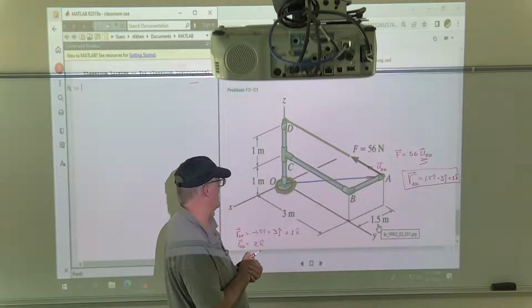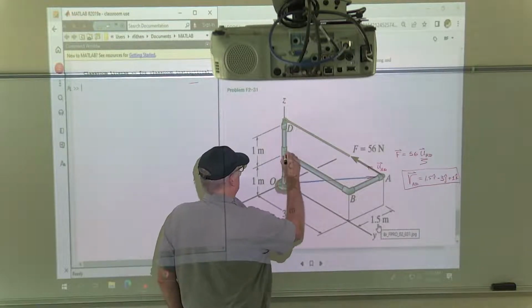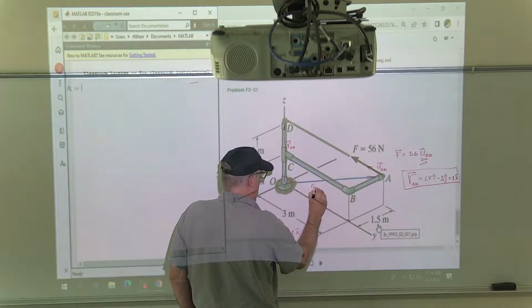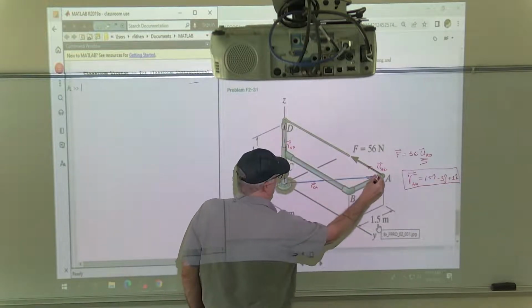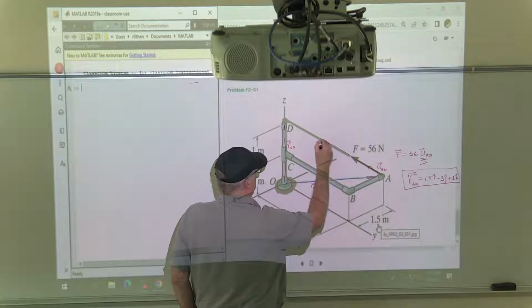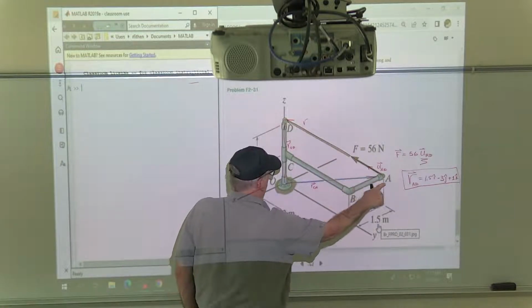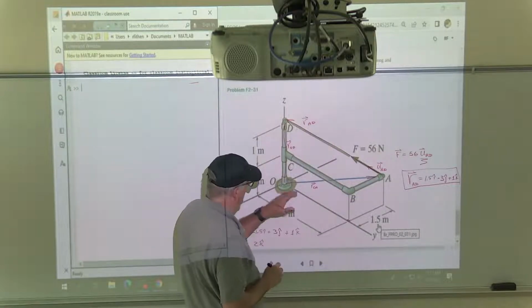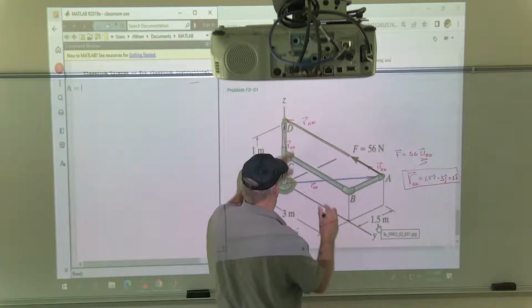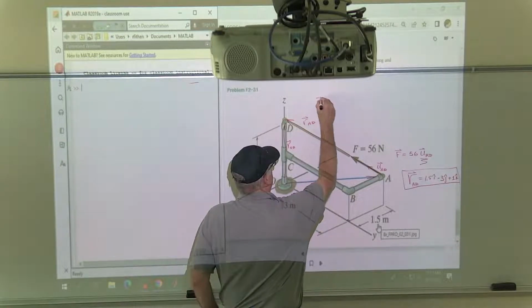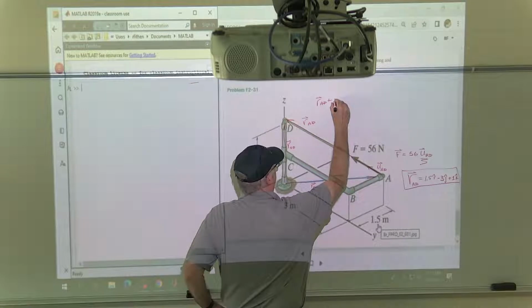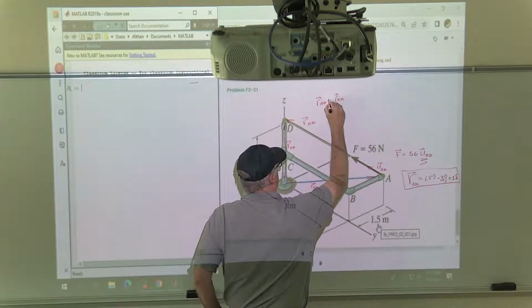The other way you could do it is, and this is something that sometimes he writes in the book, this is ROD, this is ROA, this is RAD, and then if you do vector addition, if I add this vector to that vector, in other words, RAD plus this vector, my handwriting's not great.